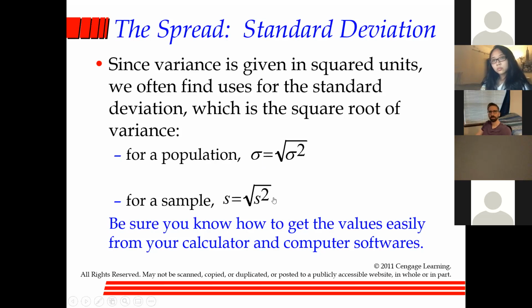And for a sample, remember the sample variance, they used a letter S squared for the variance. I didn't bring that to your attention before, but just like for the mean, we use English letters for the sample statistics. We do the same thing with the variance. So we see S squared for the sample variance, and then when we take the square root, we end up with S as the sample standard deviation. All right?